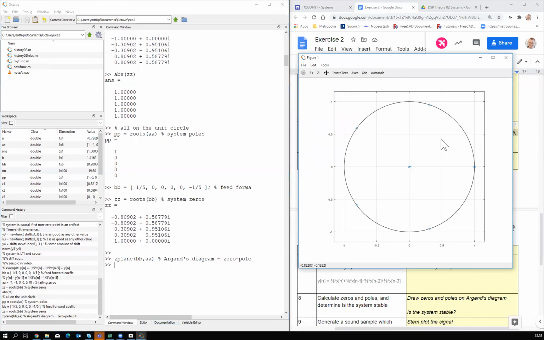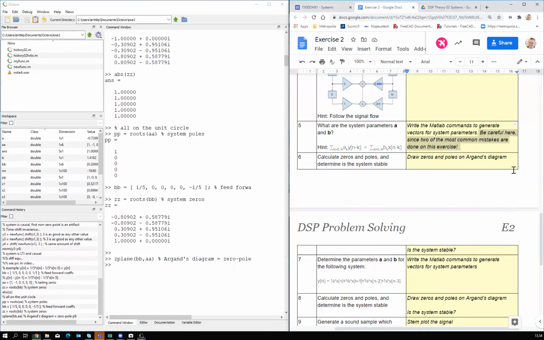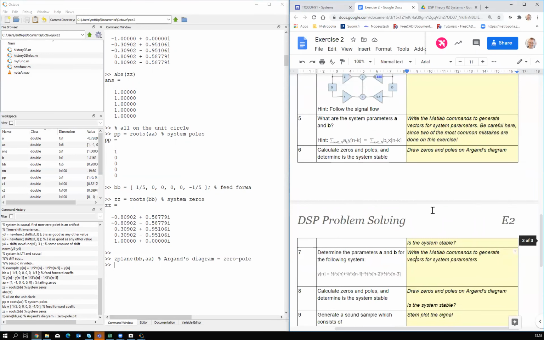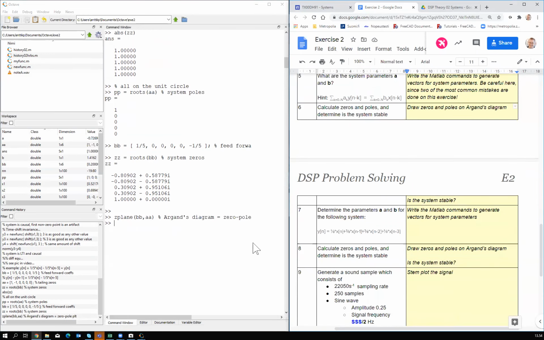So the zero points are on the unit circle, and then there's 1 pole located on the unit circle, but it's also compensated by the zero, and then the rest of the poles are at the origin. Good. This is a stable system. Is the system stable? My system here is stable.